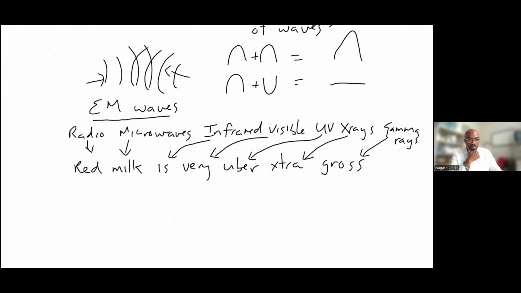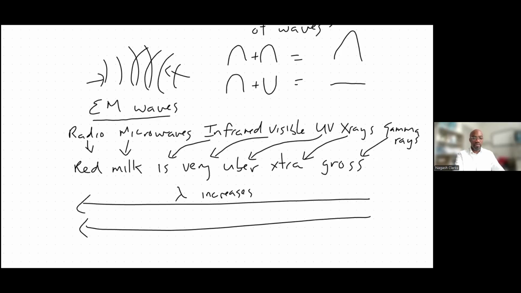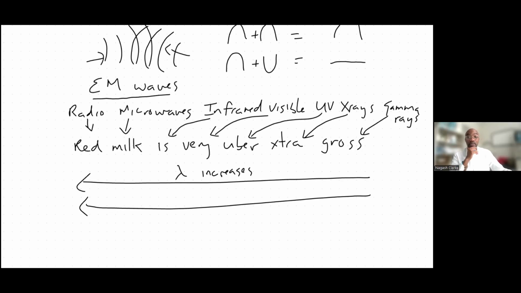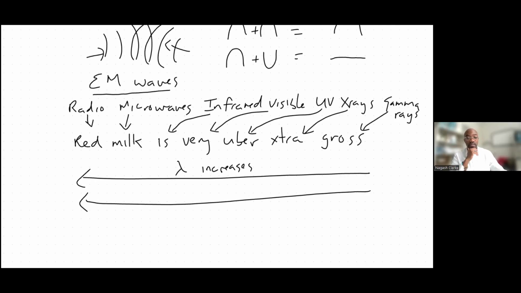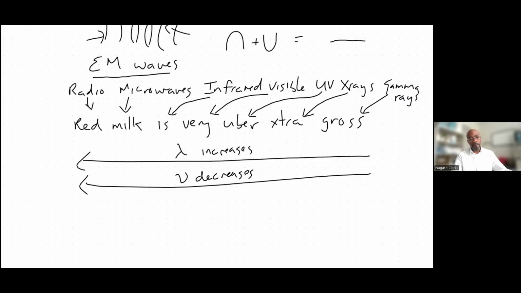If we're thinking about wavelength, the wavelength, lambda, increases as we go towards radio. Radio waves have much bigger wavelengths compared to, say, gamma rays. And frequency decreases, which we expect, right? We talked about that earlier. Now, something else we're going to introduce: energy.